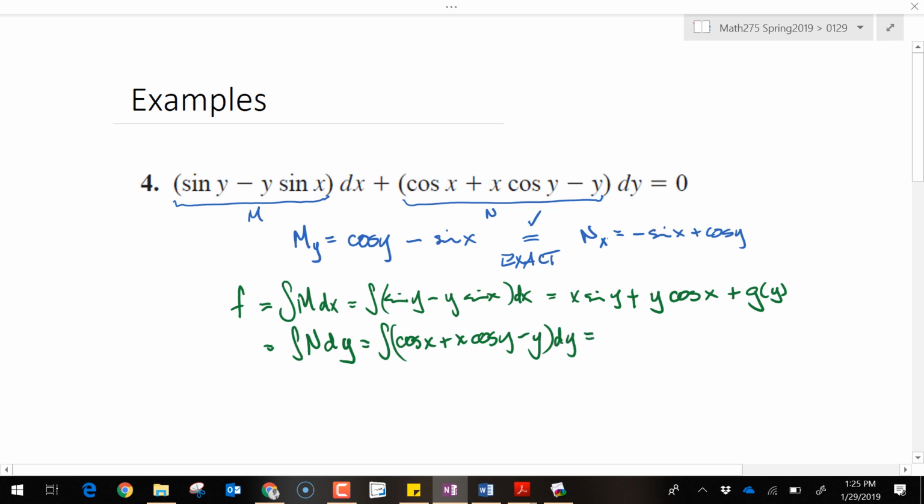And this is going to give us y cosine x plus the integral of cosine. Positive or negative? Positive x sine y minus 1/2 y squared. And then again, account for some constants. I think I switched my g and h, but it doesn't matter.